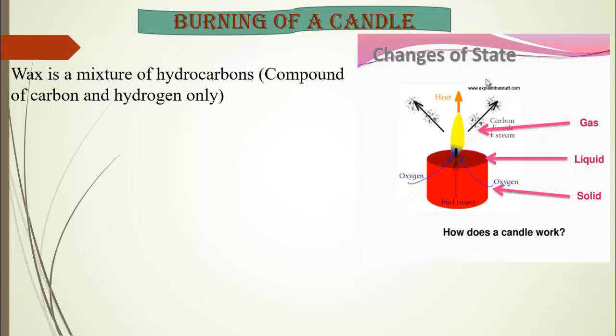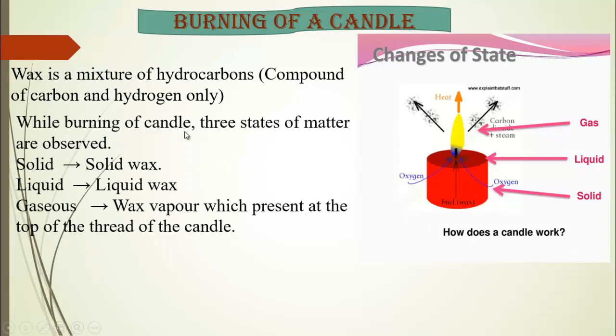So we can say in the burning of a candle, two changes together are observed, physical change and also chemical change. While burning a candle, three states of matter are observed: solid wax, liquid wax and wax vapor, which is present at the top of the thread of the candle here.